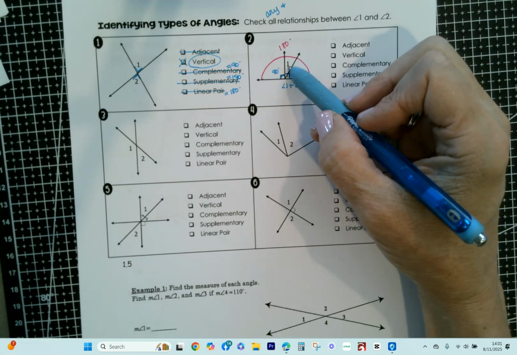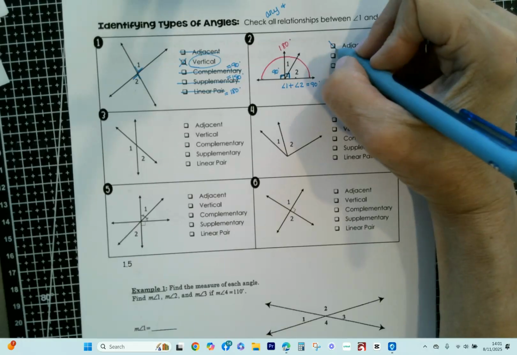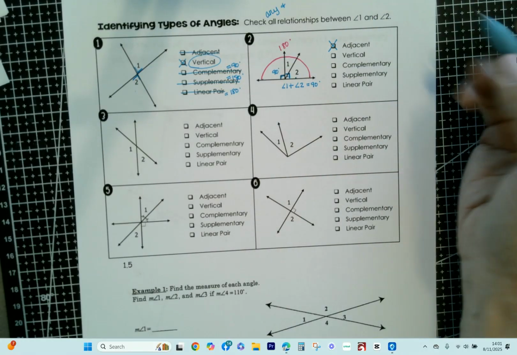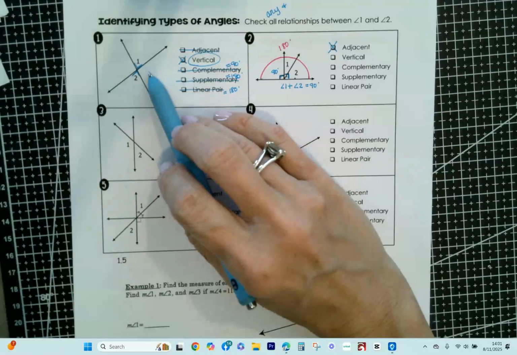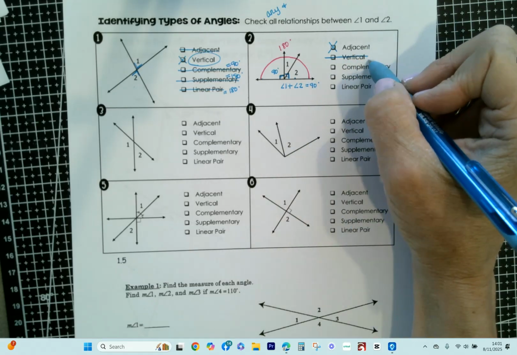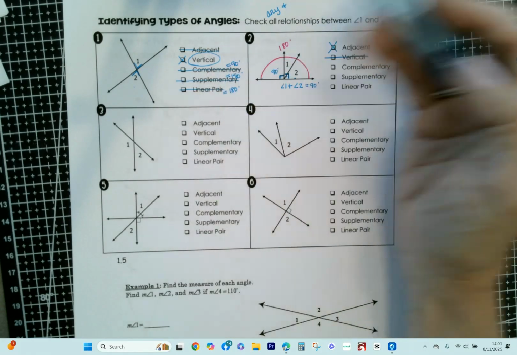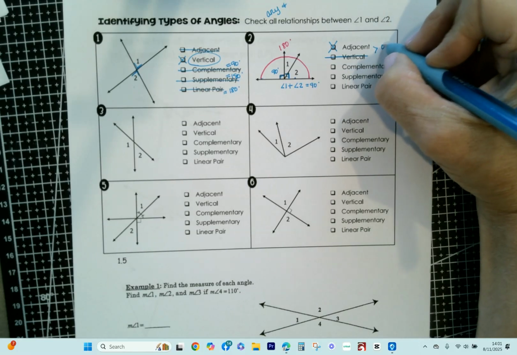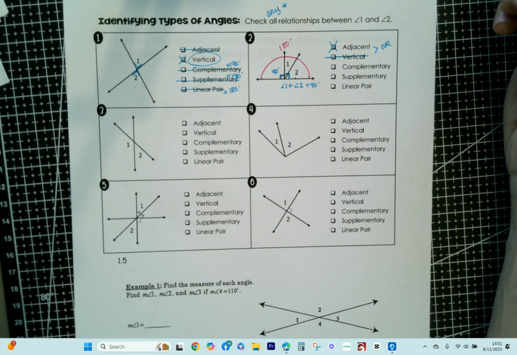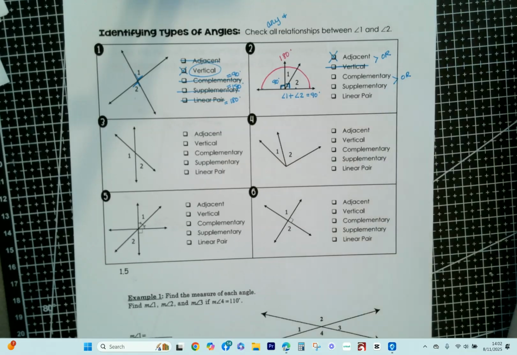Well, first of all, angle 1 and angle 2, they're side by side, so they're adjacent. They're definitely not vertical. If they are adjacent, they're not vertical. If they're vertical, they are not adjacent. This is an or situation. Complementary and supplementary, it's or. Can't be both.